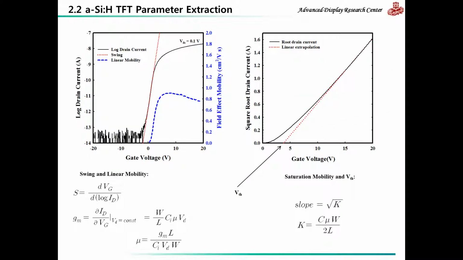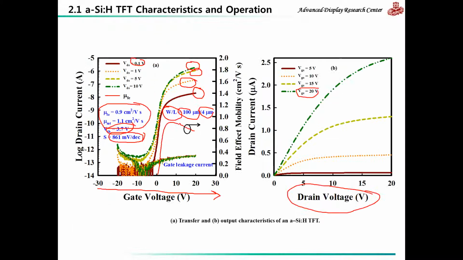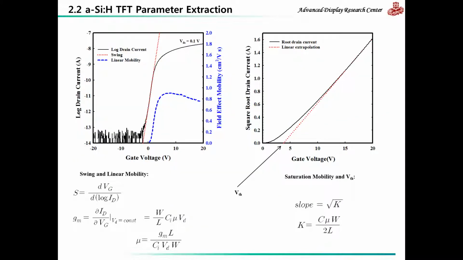Now this slide shows you how to extract these TFT parameters. Now the swing, which is simply the inverse of the slope of log drain current as a function of VGS, can be extracted from this line.